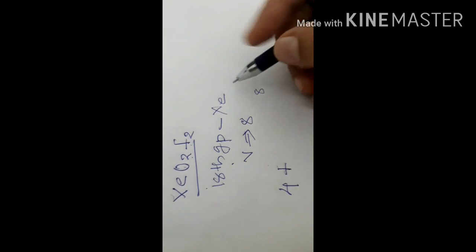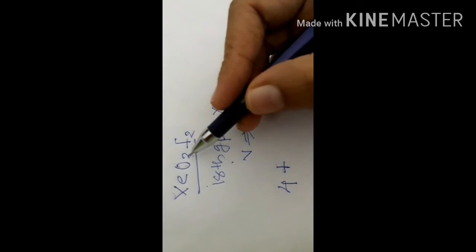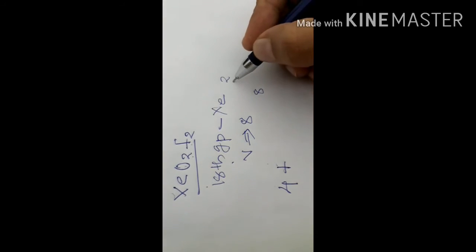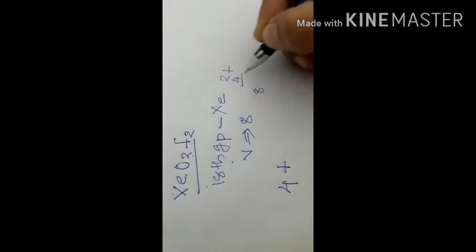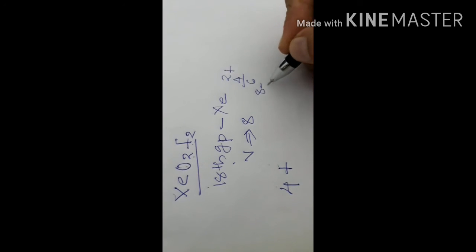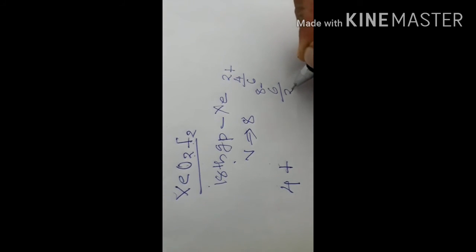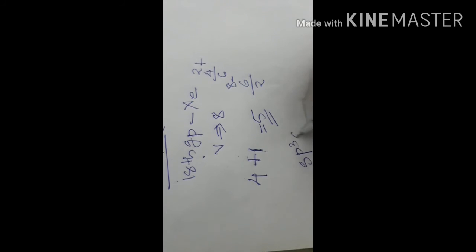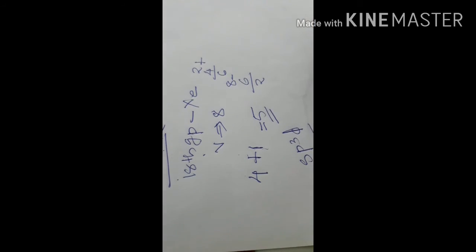Here 2 fluorines are attached. Then 2 oxygens, each oxygen containing 2 lone pairs. That is 2 into 2 is equal to 4. 2 plus 4 is equal to 6. That is 8 minus 6 is equal to 2. 2 electrons, 1 lone pair. 4 plus 1 is equal to 5. That is sp3d hybridization. Friends, it is very easy to find the hybridization of almost all molecules if we know the group.